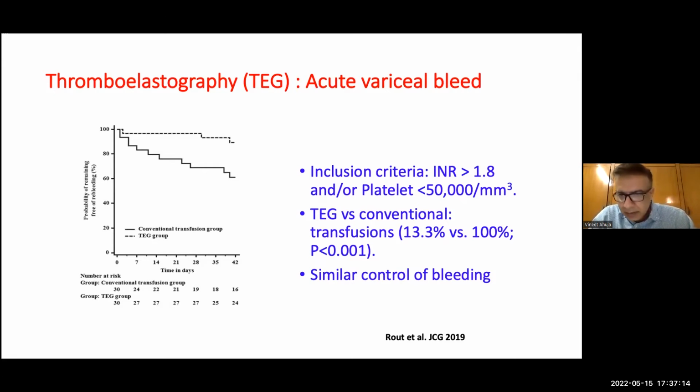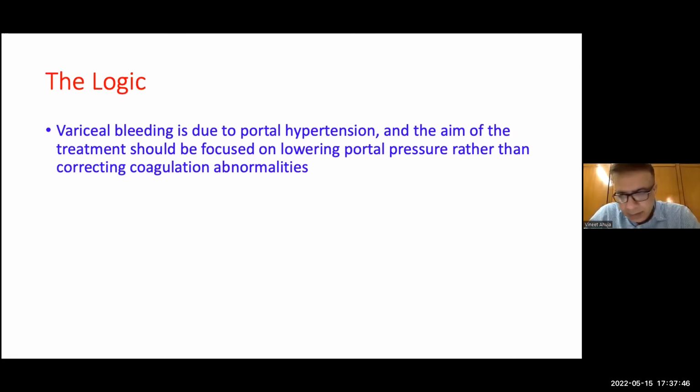This is another study by Gyandeep and Shalimar, where they show that when you measure the coagulation parameters on the basis of thromboelastography, the need for transfusions is much less as compared to the conventional transfusion group. At the same time, there is a similar control of bleeding, suggesting that thromboelastography, which is available at most centers, would be the best way to monitor coagulopathy or coagulation status.